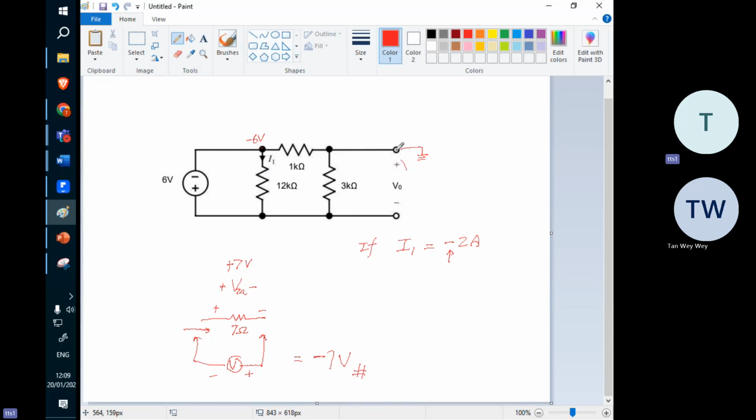When you measure the positive here, negative here, what is the answer? But I can tell you that the actual answer here is negative something. It's negative voltage because at this node is negative voltage.